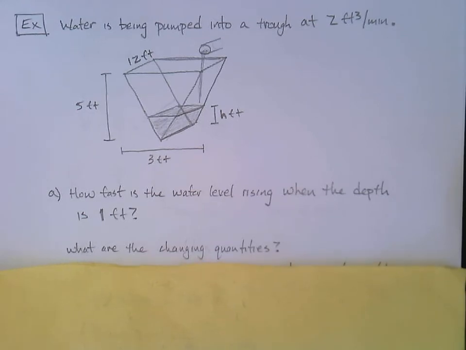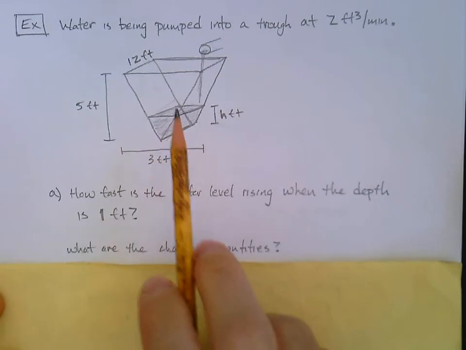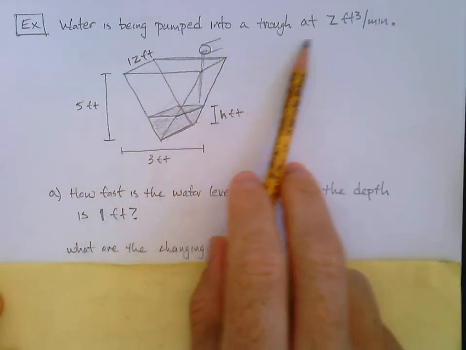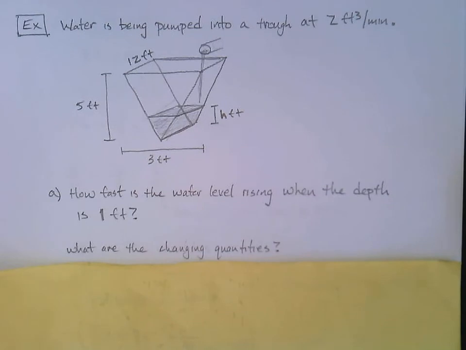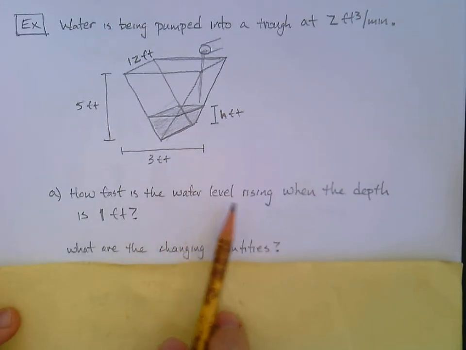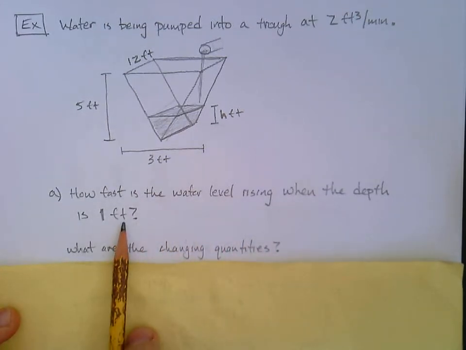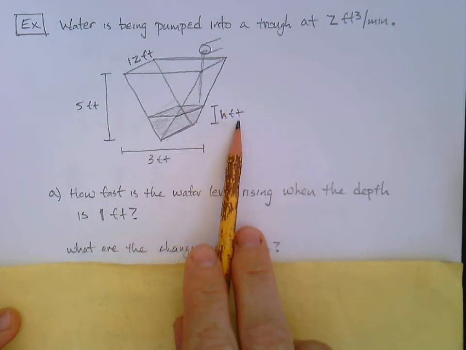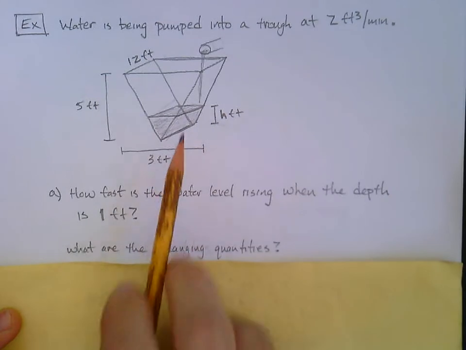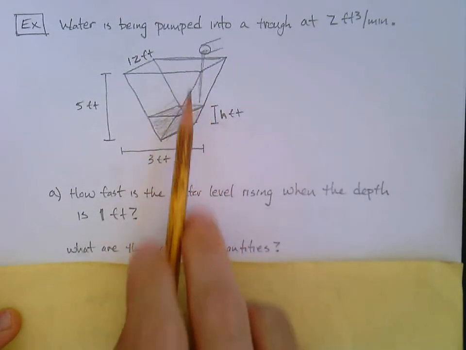What are the changing quantities? Okay, so one is the volume, right? Water is being pumped in, so the volume of water is changing. And the second one is the depth of the water, or maybe we call it the height of the water if we call it h. So the depth of water and the volume are changing.